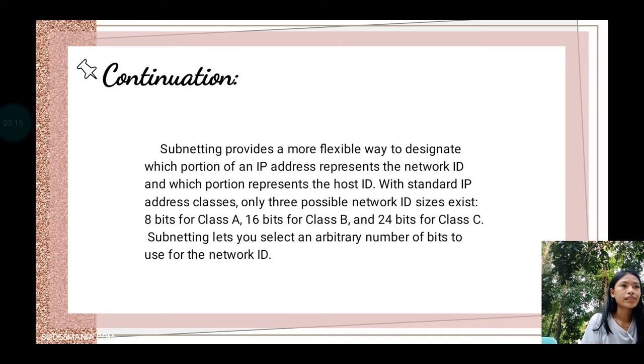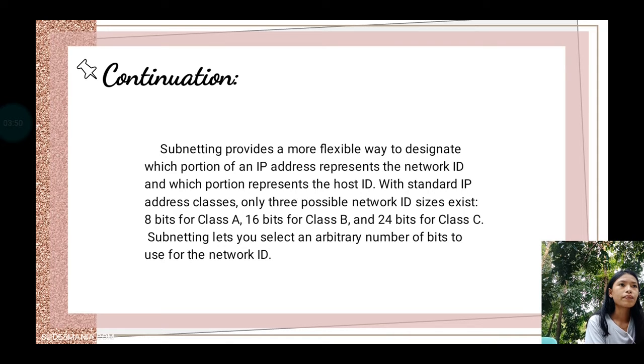The second reason is that even if a single organization has thousands of network devices, operating all those devices with the same network ID would cause the network to slow down or crawl. The way TCP/IP works dictates that all the computers with the same network ID must be on the same physical network.